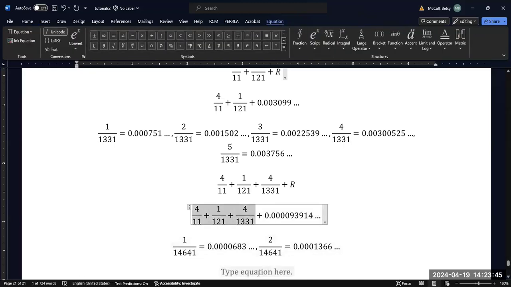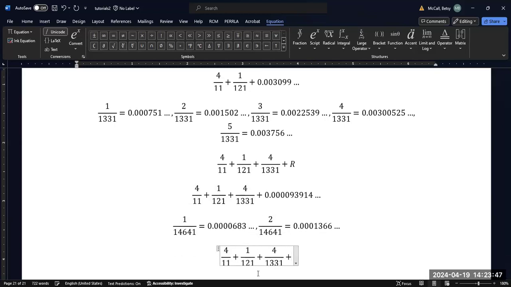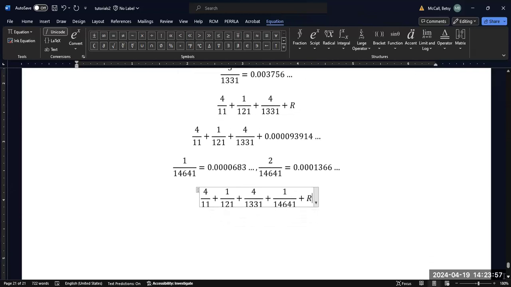And so it'll be these plus 1 over 14,641 plus some remainder. And it's really looking strongly like we're starting to see a repeated pattern.